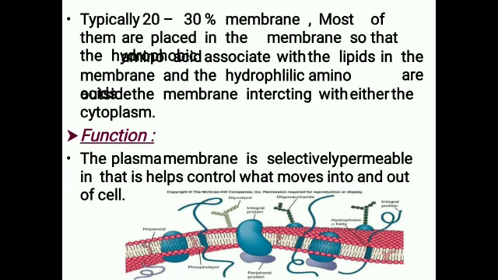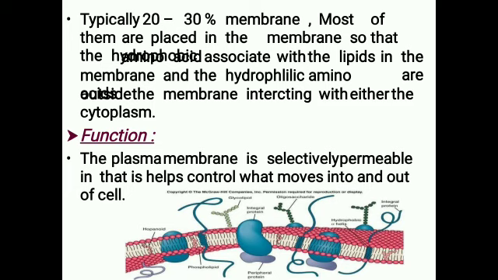That means about 20 to 30% of the plasma membrane is occupied by proteins, which contain a small amount of amino acids.